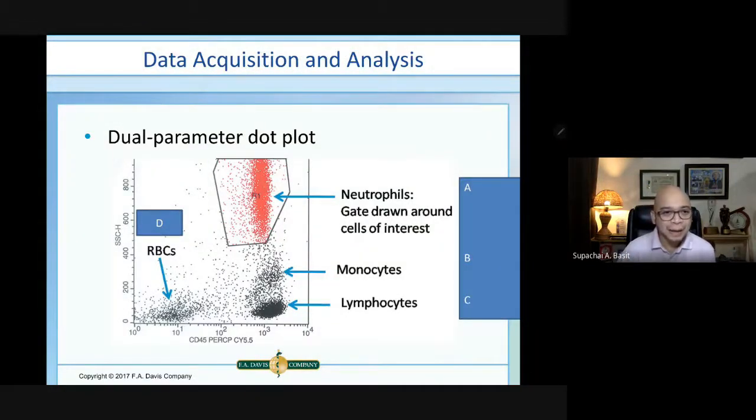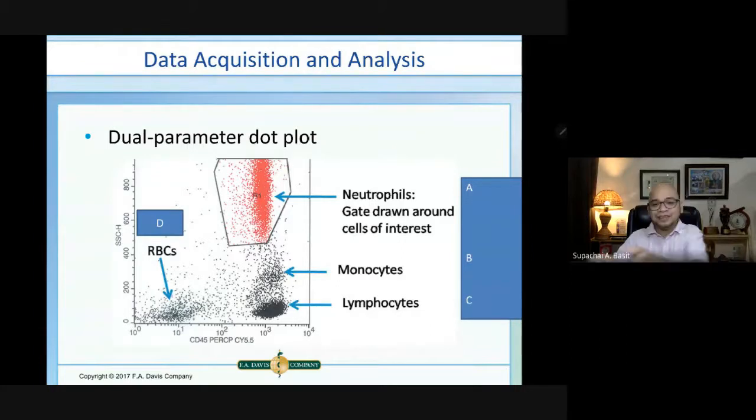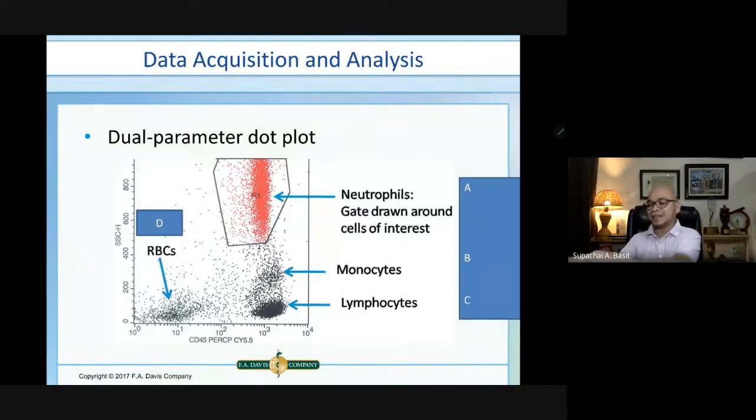In a dual parameter histogram, this can determine the side scatter, so we have here the side scatter, and then we also have the forward scatter.